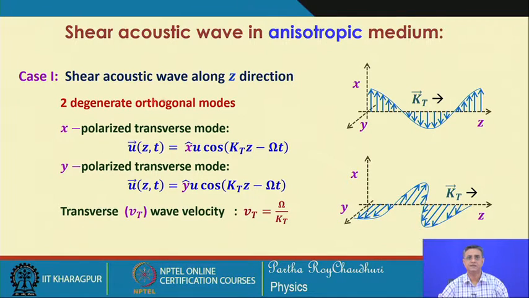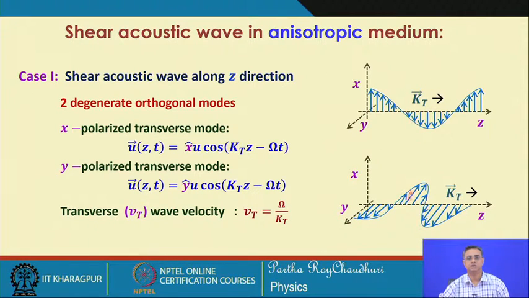So, we first consider a shear acoustic wave in an anisotropic medium where the wave is propagating along the z direction and the wave is polarized along x axis, but it could as well be that the wave is propagating along z direction, but it is polarized along y direction.